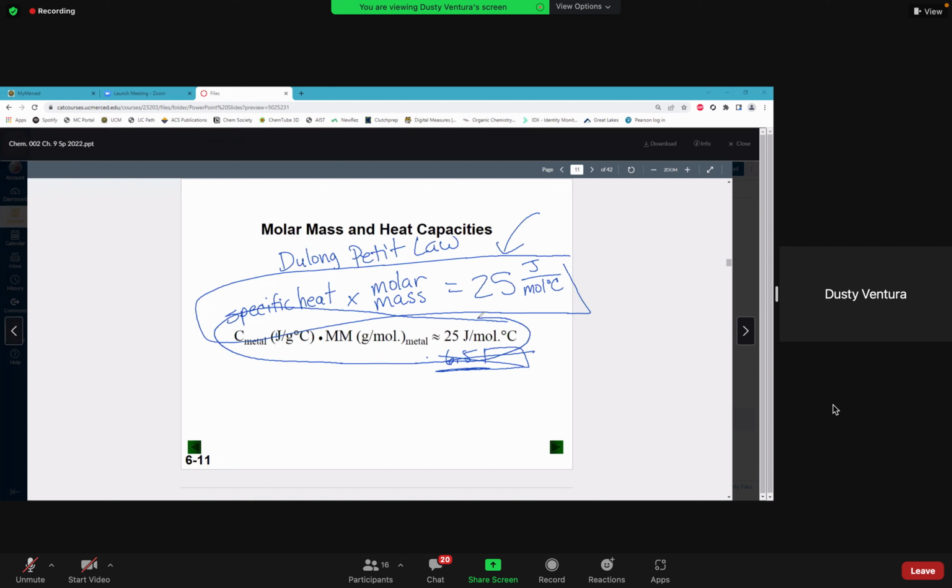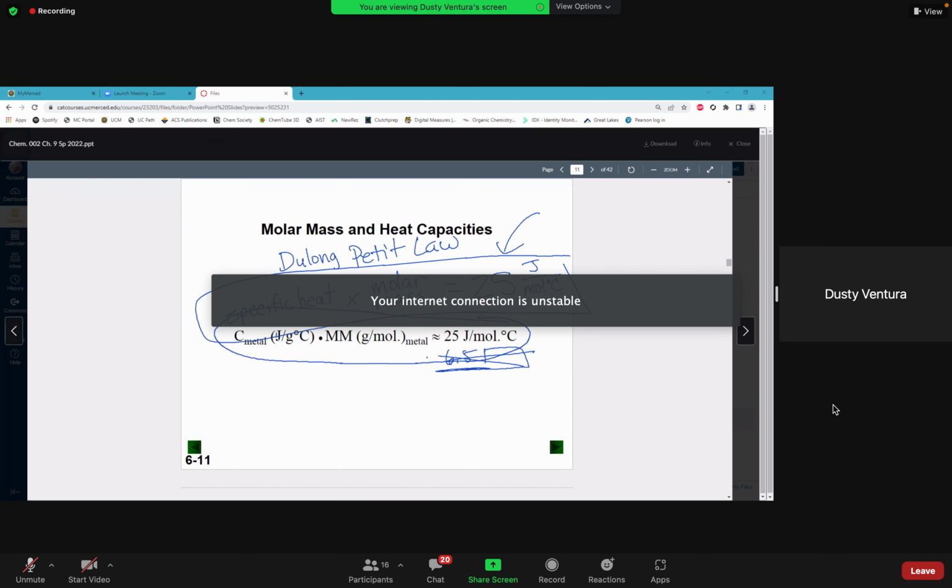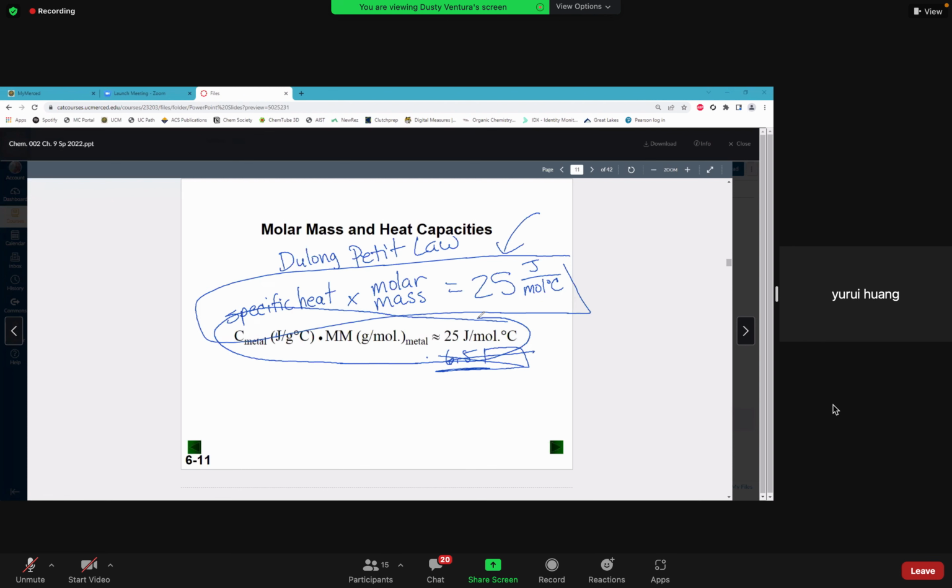I was wondering because for the heat capacity, sometimes it's joule per gram. If that's the case, do we convert it? For example, for H2O, it's going to be 4.184 joule per gram, right? Yep, joule per gram degrees Celsius. Good question.